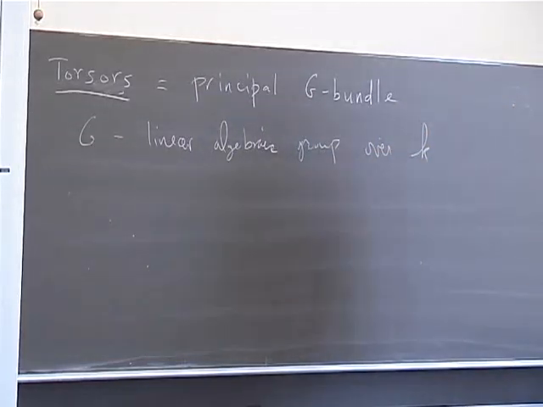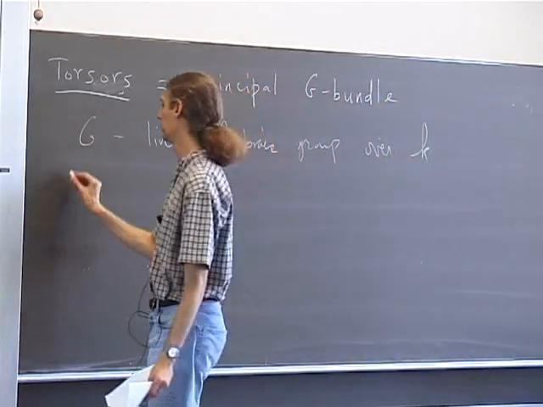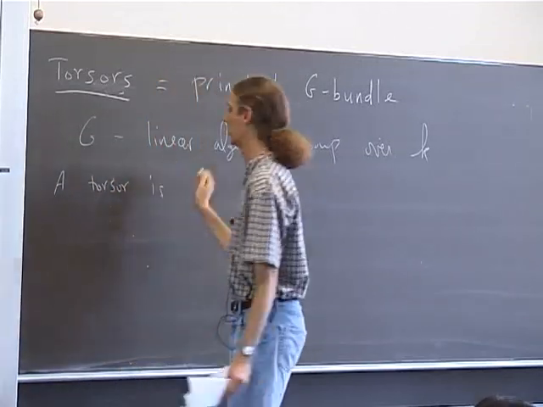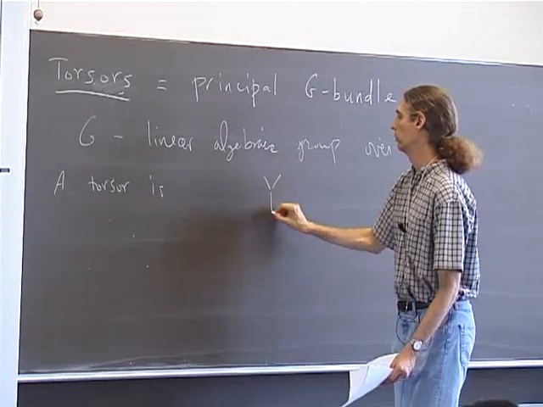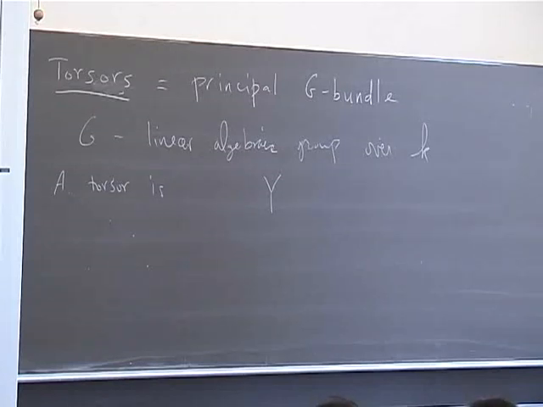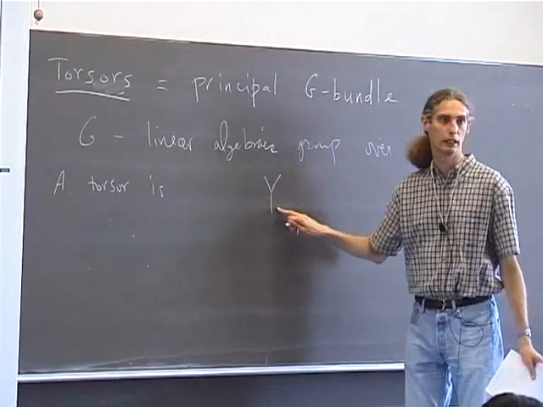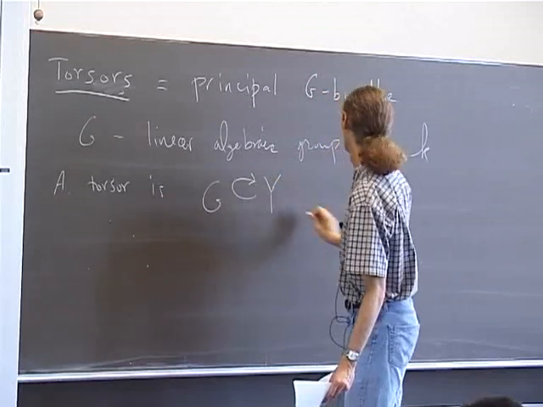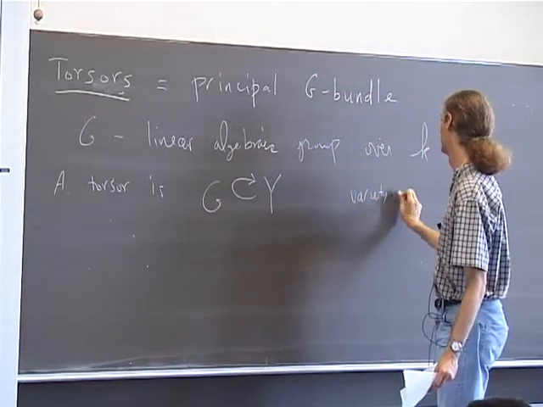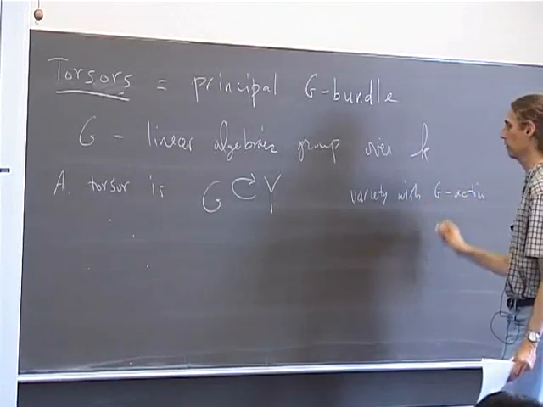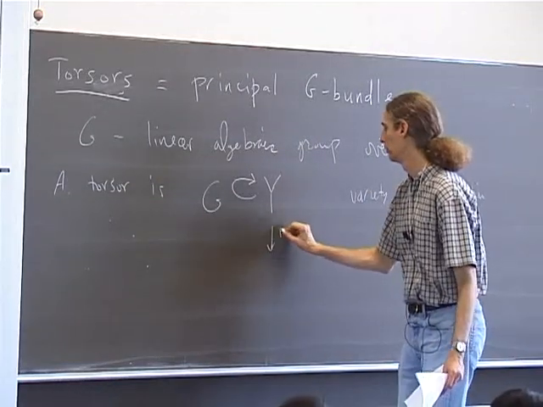Okay. Then a torsor, well, it's a space, a variety. I mean, again, I'm not doing things in maximal generality. You can work with schemes if you like, but let's consider varieties. So it's a variety with a G action. And there should be a projection map to x.